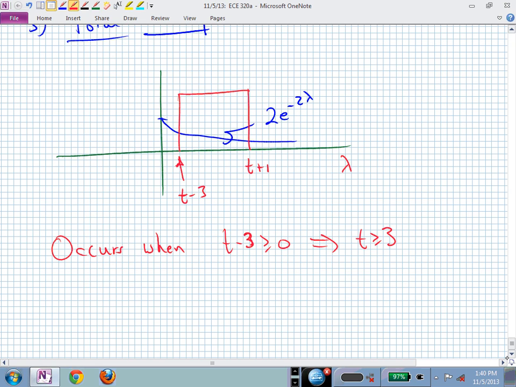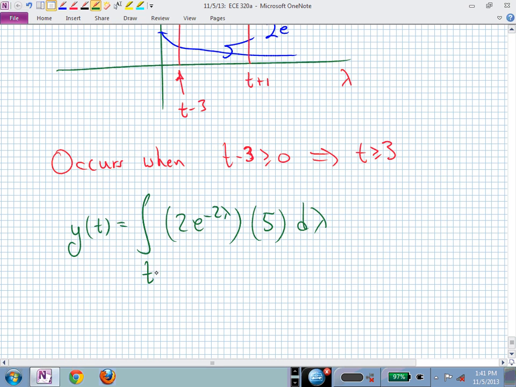Now, what's my integral? Y of t, the integral is the same. It's 2e to the minus 2 lambda. That's my h. X is 5 d lambda. But what are my limits of integration? It's now t minus 3 to t plus 1.